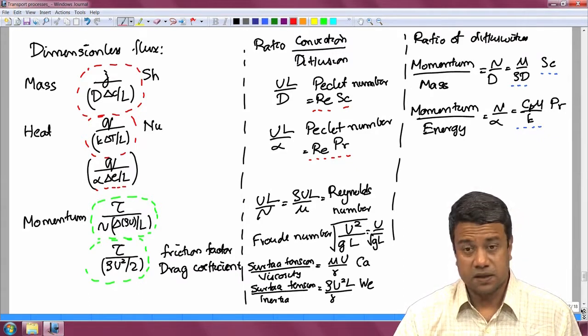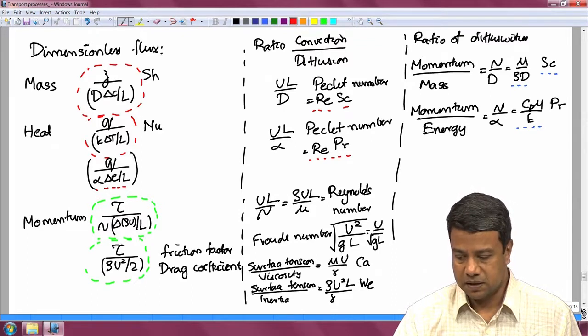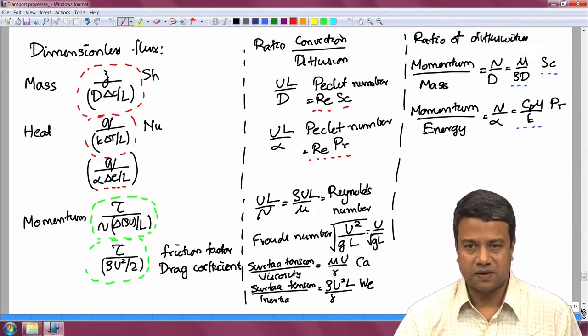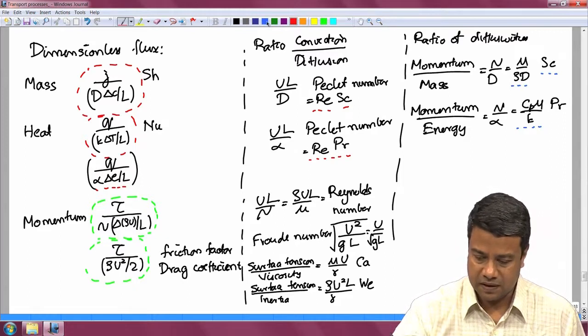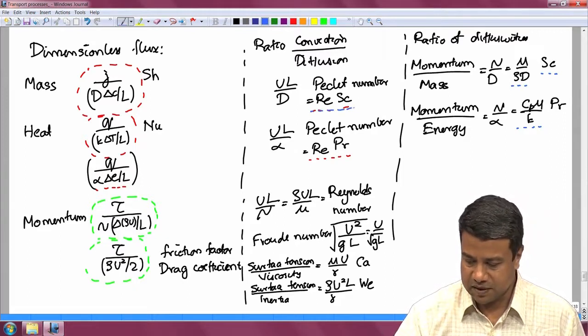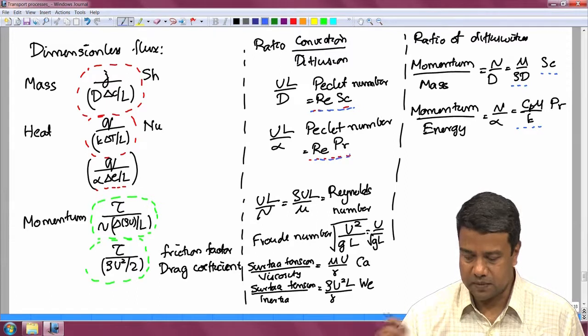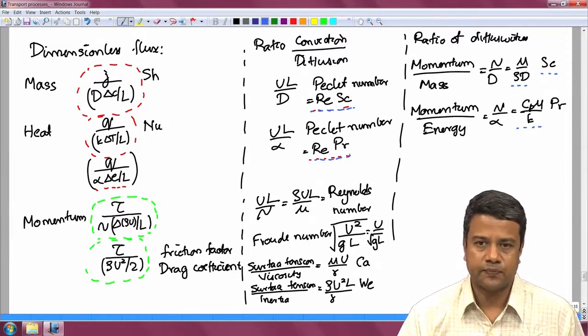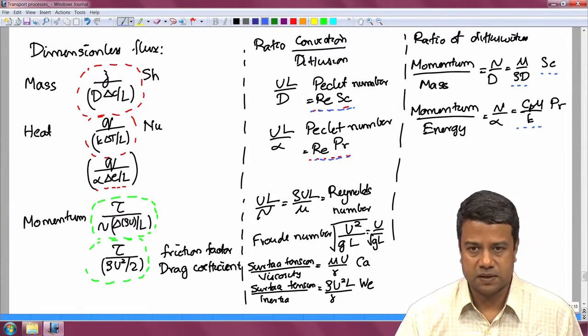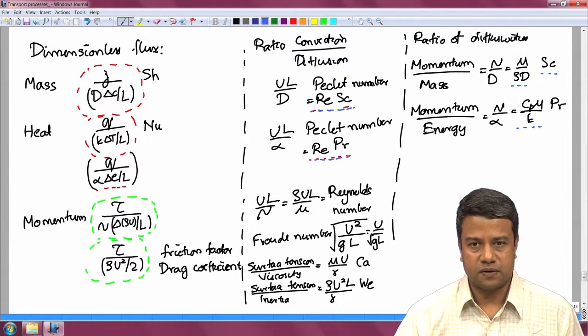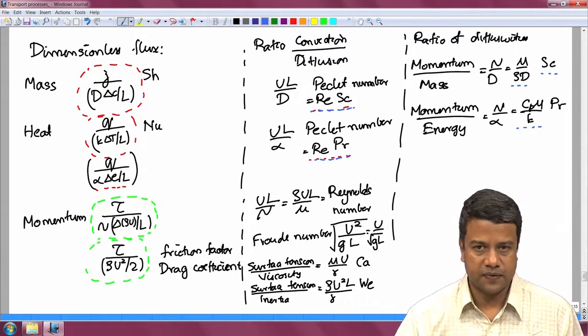These are actually the fundamental quantities. In correlations, these are not written as Peclet number. They are often written as products of the Reynolds number and Schmidt number, or products of the Reynolds number and the Prandtl number. However, these are the fundamental quantities, ratios of convection and diffusion of mass, momentum and energy.